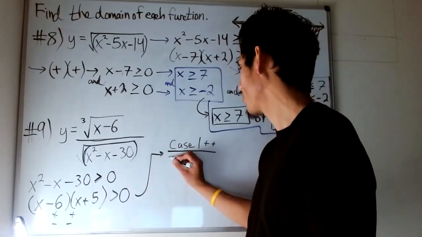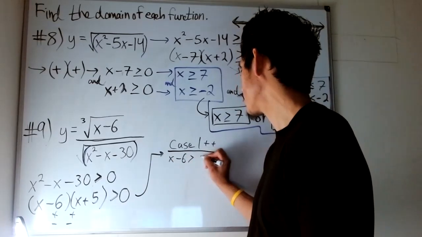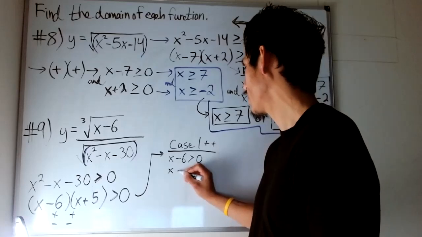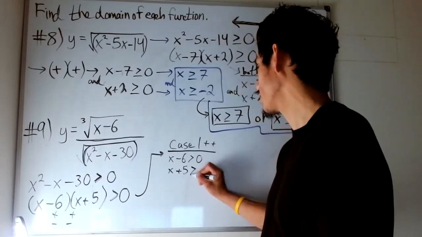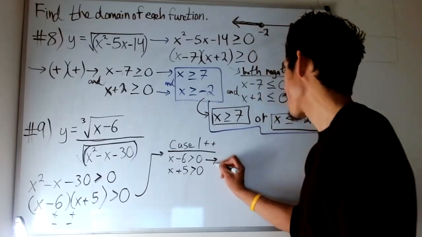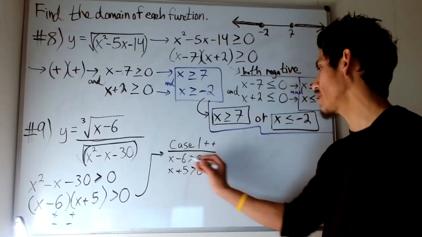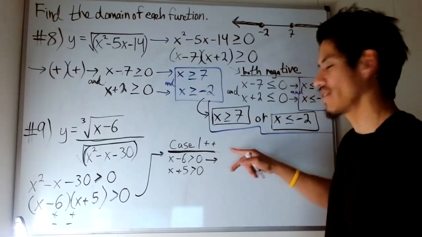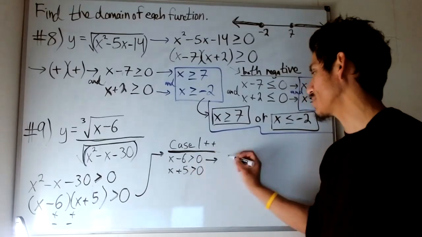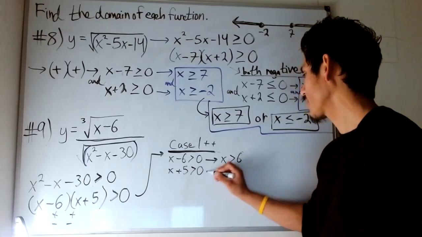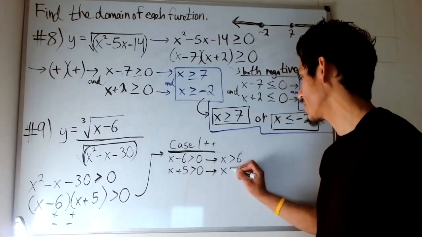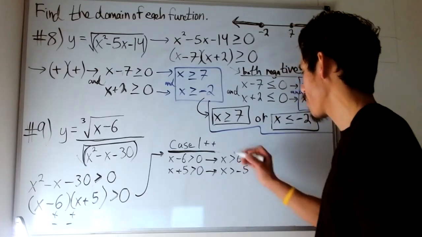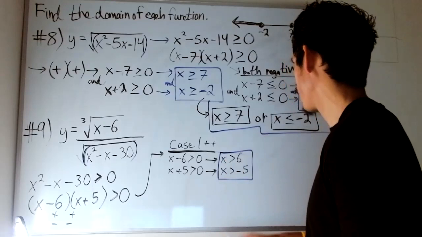So then we have x minus 6 is greater than 0, and x plus 5 is greater than 0. That means x has to be greater than 6, and x has to be greater than -5. That would be in case 1.